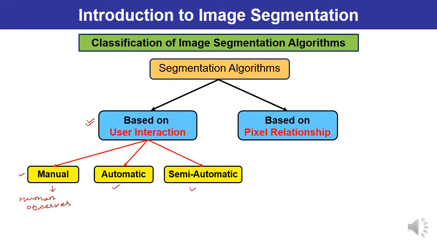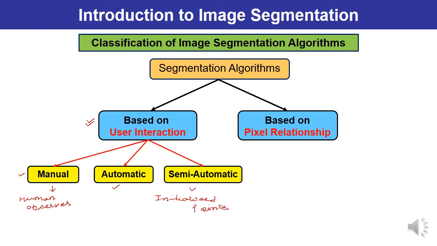Now let us discuss the semi-automatic. Semi-automatic means it is in between the manual and automatic. It is a combination of manual and automatic algorithms. So here human intervention is required. A human observer is required at the initial stage. So what is the human observer doing? The human observer is supposed to provide the initial seed points.